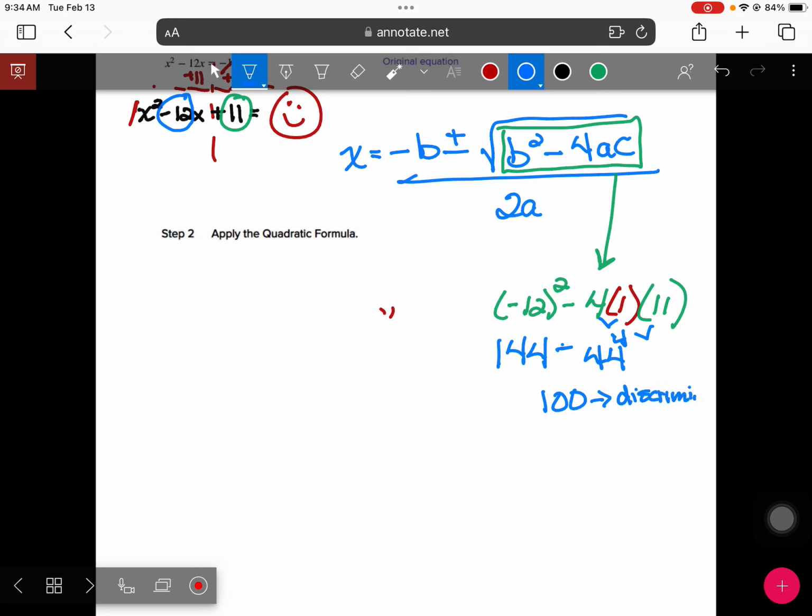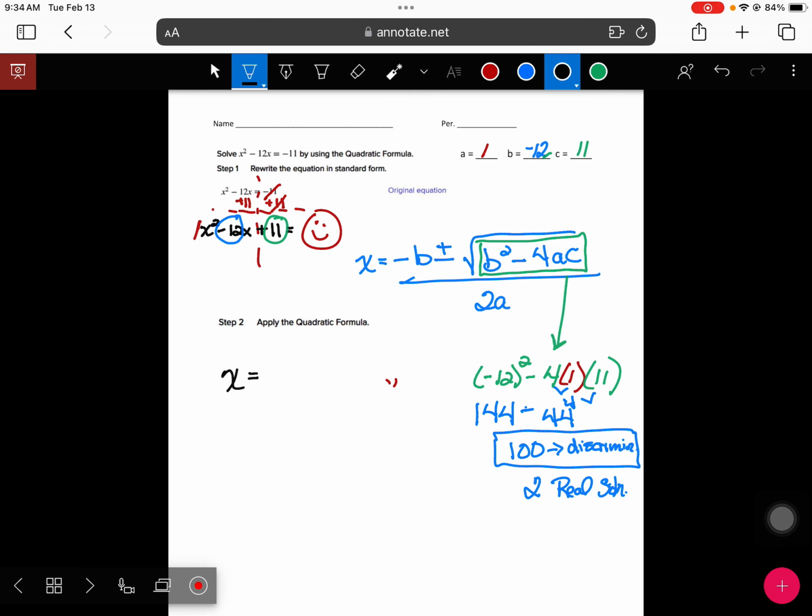So because it is a positive value, how many real solutions will I have? Very good. Noelia says 2 real solutions. And now this makes it a little bit easier, I think. So we are going to say x equals, we want the opposite of b.